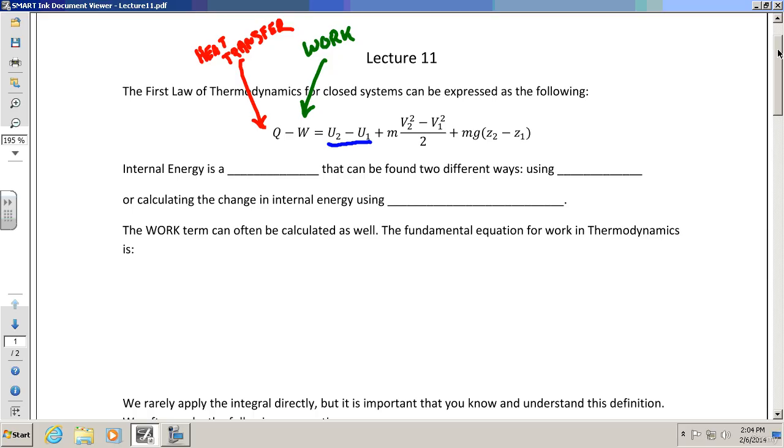All right, we learned last time internal energy is a property. What does that mean? Property just means you can look it up, and it can be found two different ways. We can use the tables, or we can calculate the change in internal energy using specific heats.